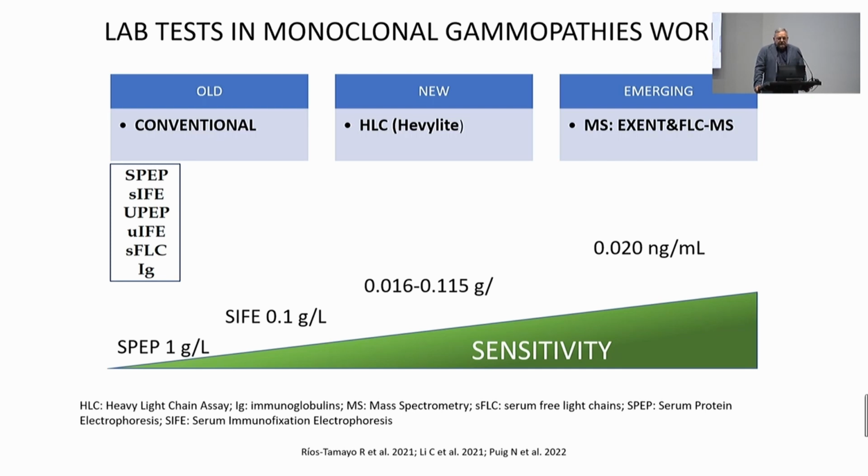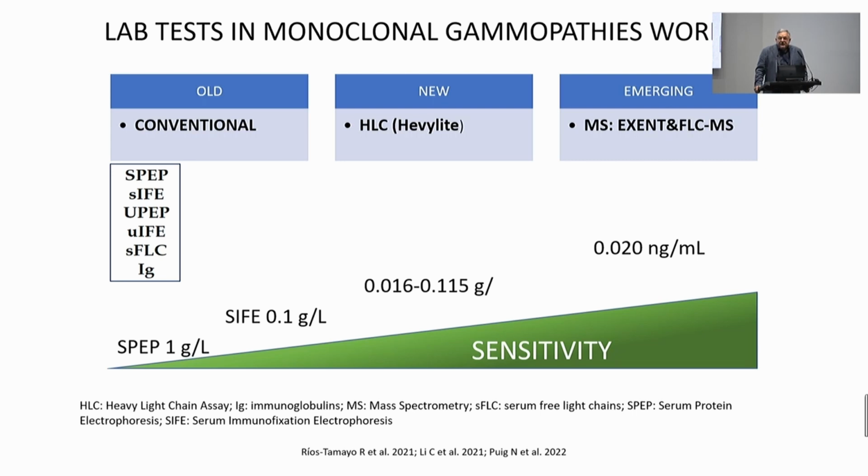We have in the clinical laboratory 3 types of tests for the workup of a monoclonal gammopathy. On the one hand, we have the conventional methods: proteinogram, immunofixation, free light chains, and the immunoglobulins.